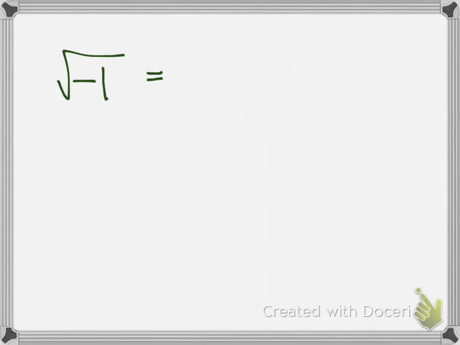So we simply look at the square root of negative 1, and the square root of negative 1 we're going to label as i. It's kind of like an italicized i, just a little bit of an angle. So the square root of negative 1 equals i, and i is going to stand for imaginary.